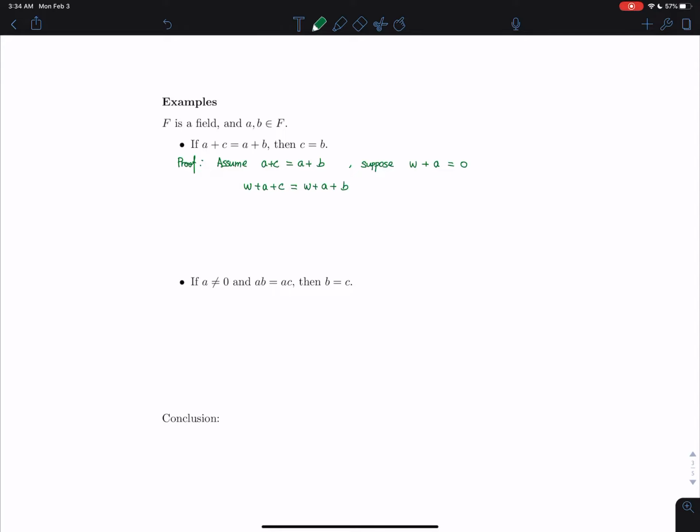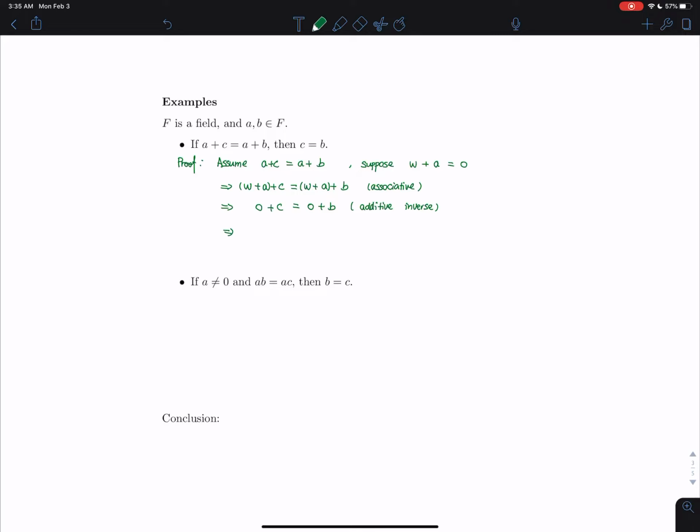And I'm gonna use associative law to add them together. Because W plus A equals 0, this will give you 0 plus C equals 0 plus B. This is additive inverse.